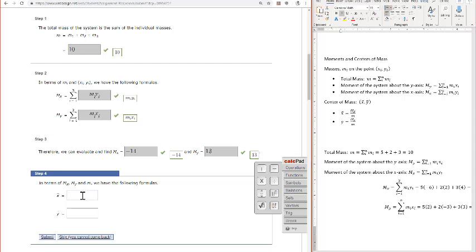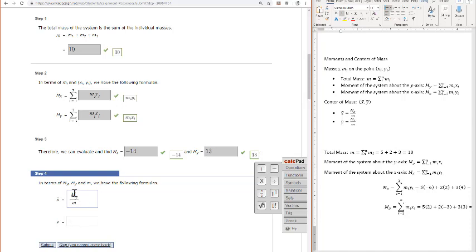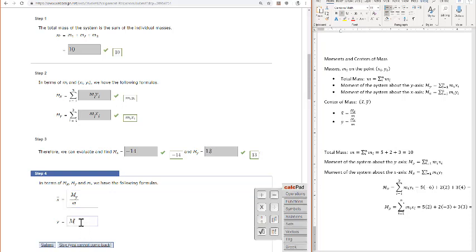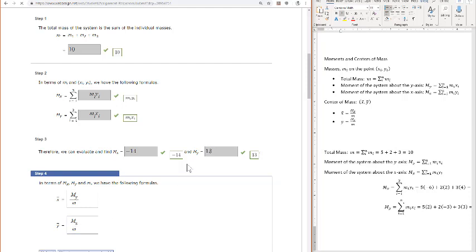So another tricky thing to remember. So it's going to be the moment along the y-axis divided by the total mass. And then for the y bar, that's the moment along the x-axis divided by the mass.